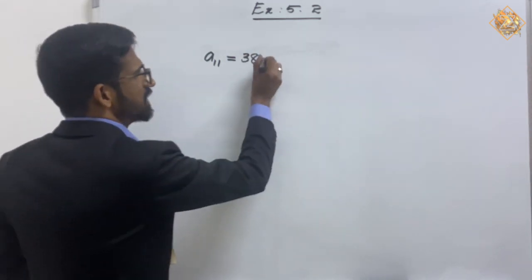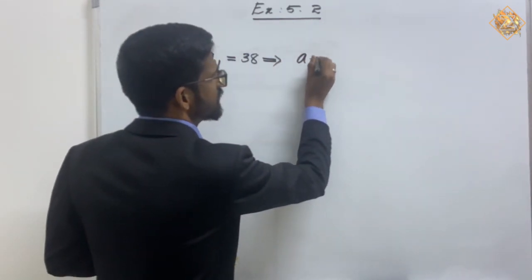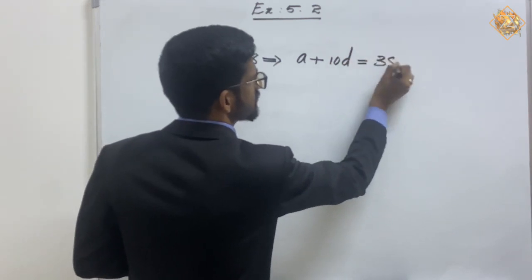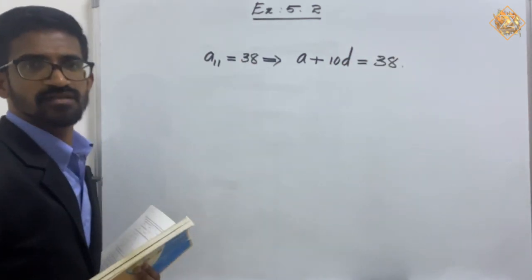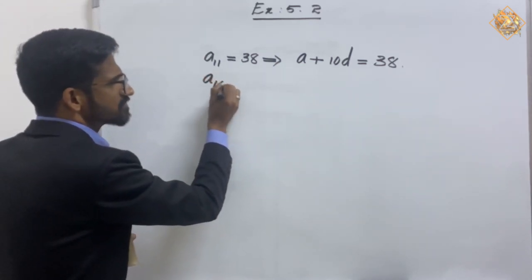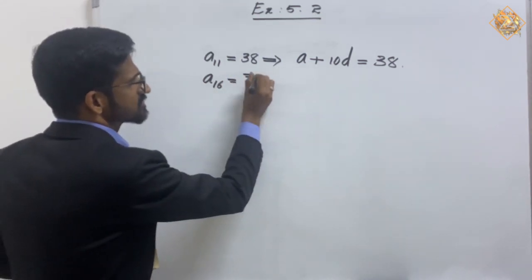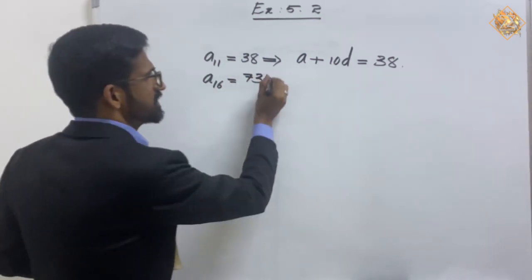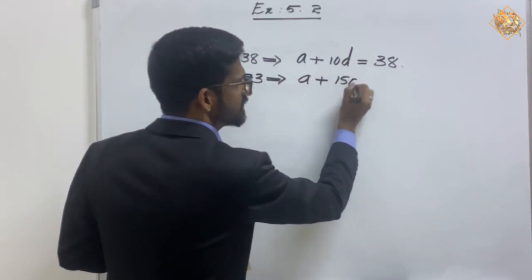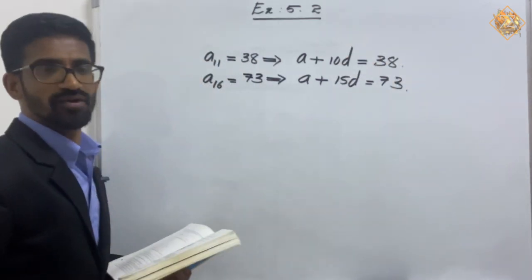So A11 is A plus 10D, that is 38. Also it is given that the 16th term, denoted as A16, is 73. We can expand it as A plus 15D equal to 73. Hope you got it.